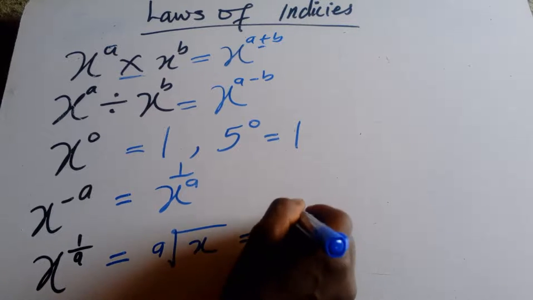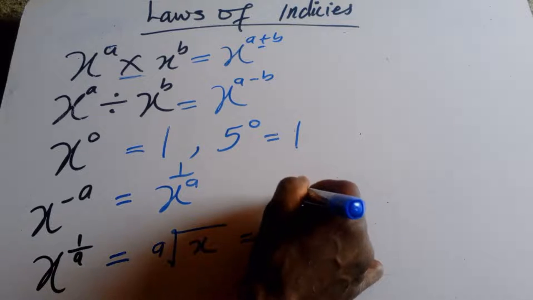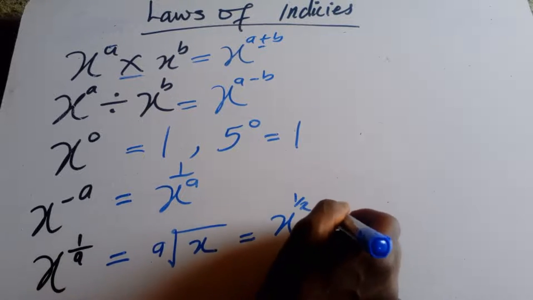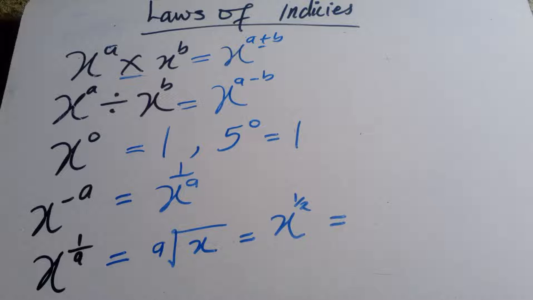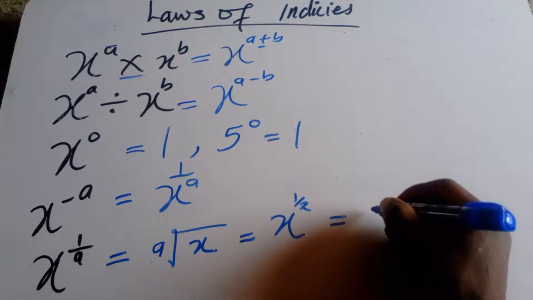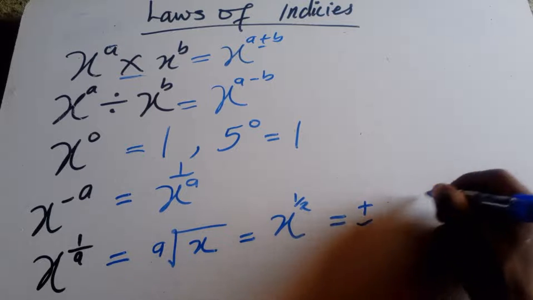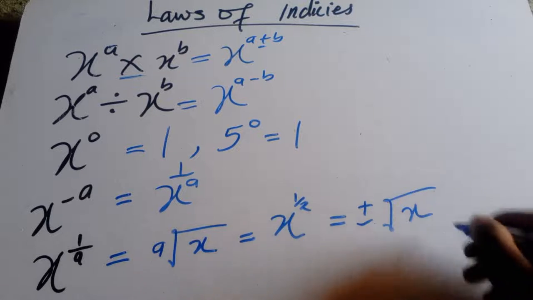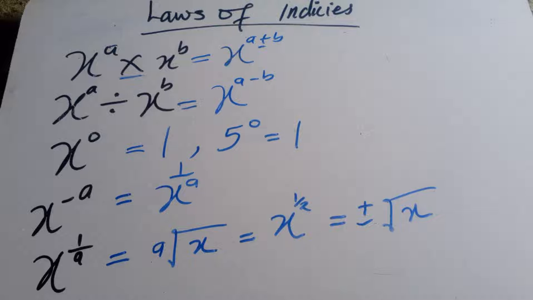If you have x raised to the power 1 over 2, you know 1 over 2 means the square root of x, that is equal to plus or minus of x, because square root is plus or minus. Okay, since this is a, that's why we put a outside.